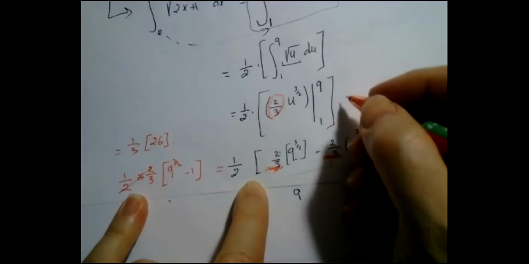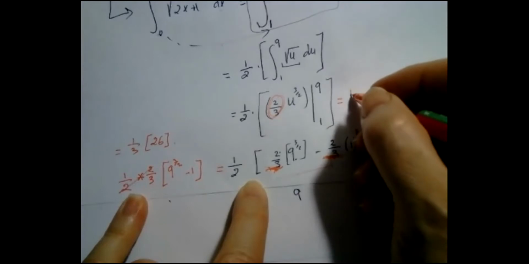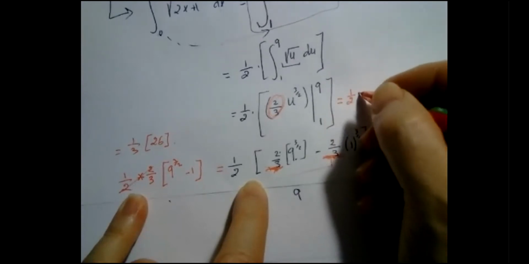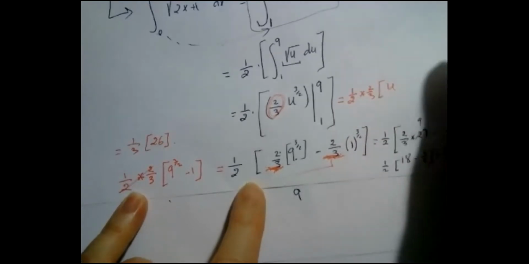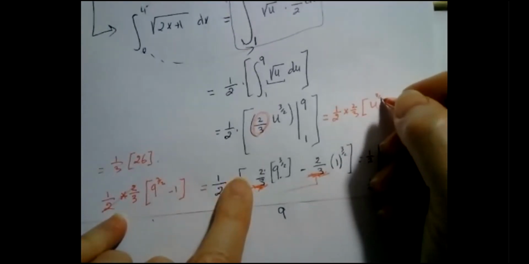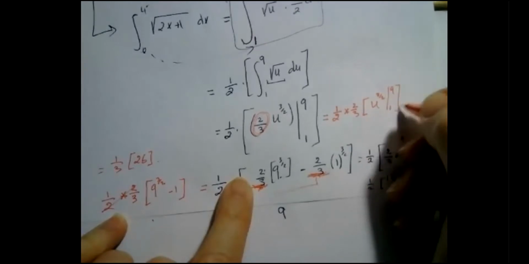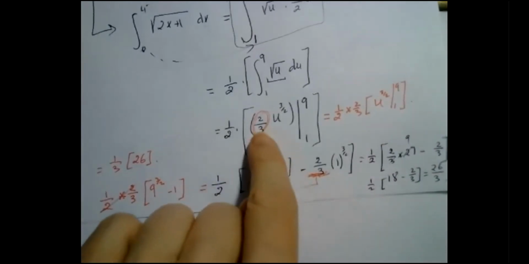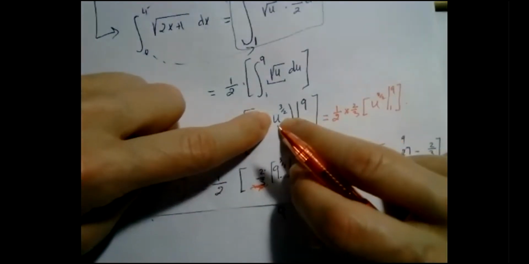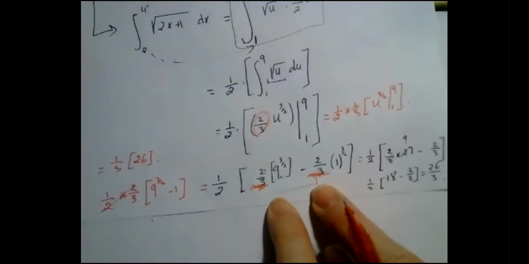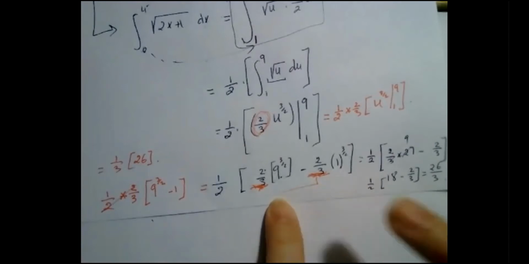In other words, at this stage, I could have said this is a half times 2/3 times u to the 3/2 between 1 and 9. It means this constant could be pulled out, and then evaluate only this function between 9 and 1 because of this reason right there.